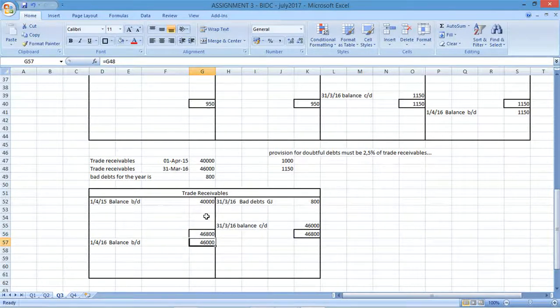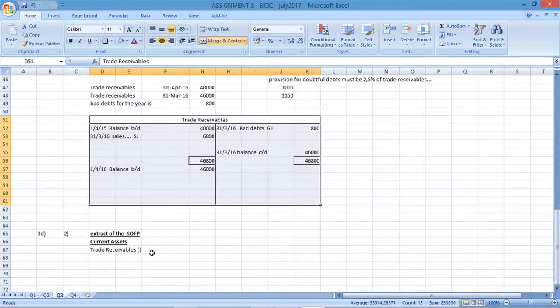And then you'd obviously have sales that would represent this minus that, which is 6,000. That would be sales for the year 31st of the 3rd, 2016, assuming that that was the sales. Okay, SJ as a balancing figure. But again, they didn't ask you for that. They just said show the extract.